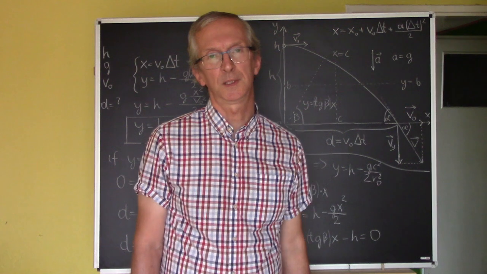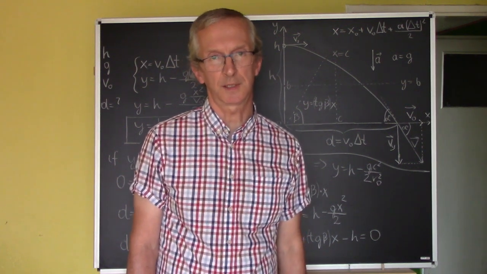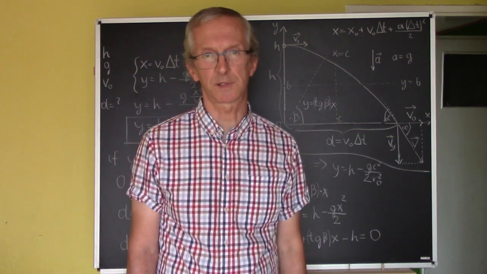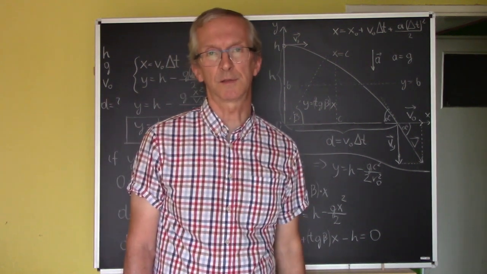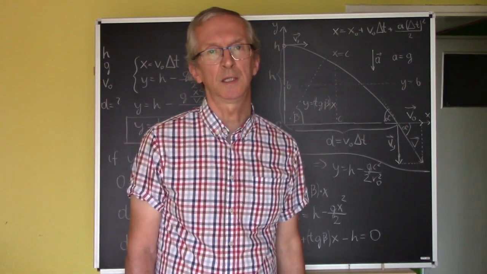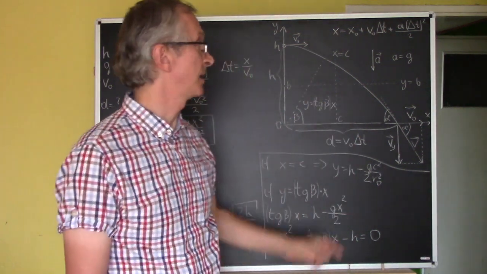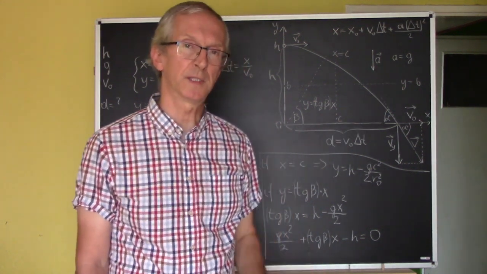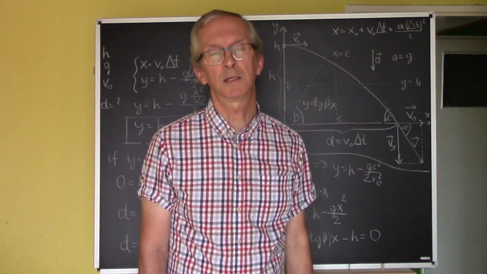We know from Newton's second law of motion that the acceleration vector is directed the same as the resultant force. In this case, the only acting force is the force of gravity, and it is directed downward, so the acceleration vector is directed the same.